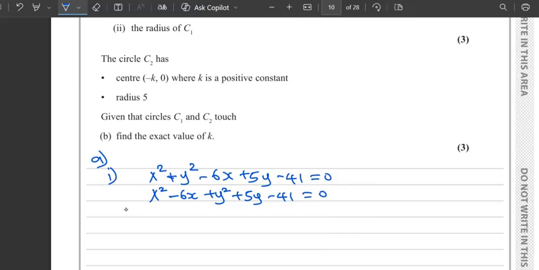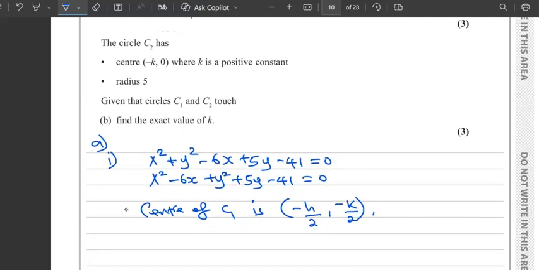The center of C1 is negative h over 2, negative k over 2. Here h is the coefficient of x, which is negative 6, and k equals the coefficient of y, which is 5.